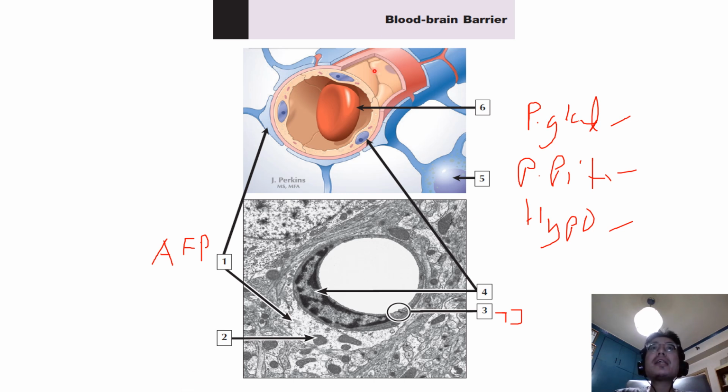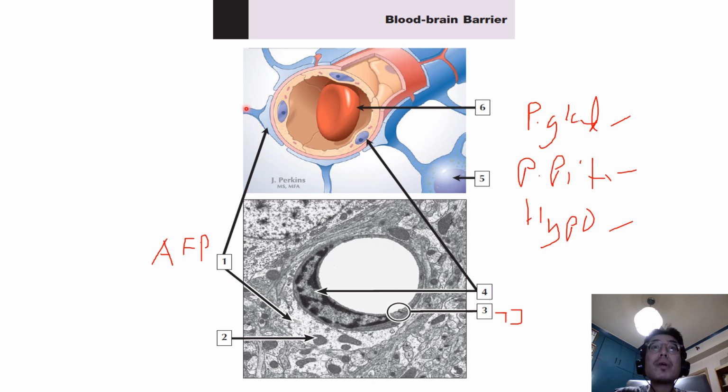Shown here is a schema of the blood-brain barrier and an electromicrograph of a capillary in the cerebral cortex. Number 1 here is an astrocyte foot process.